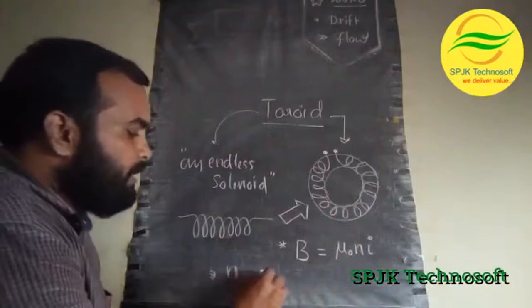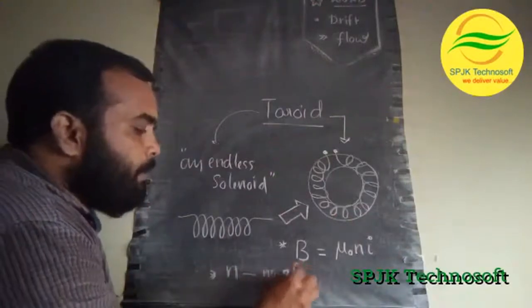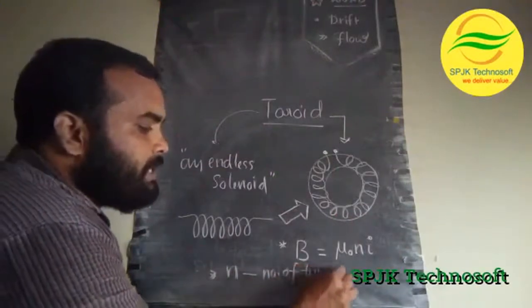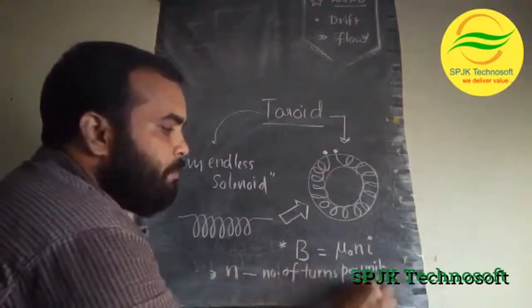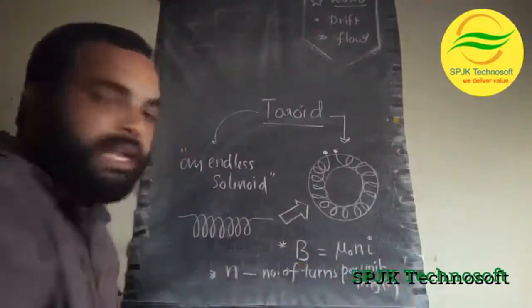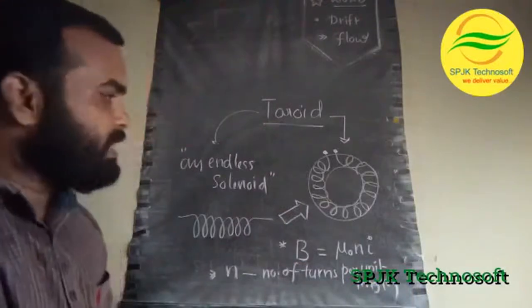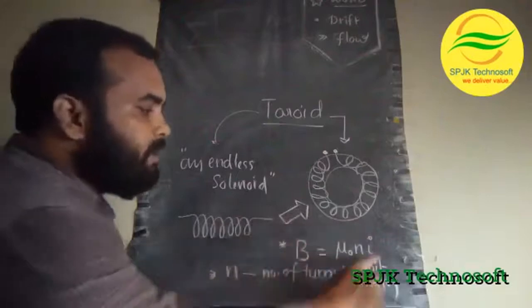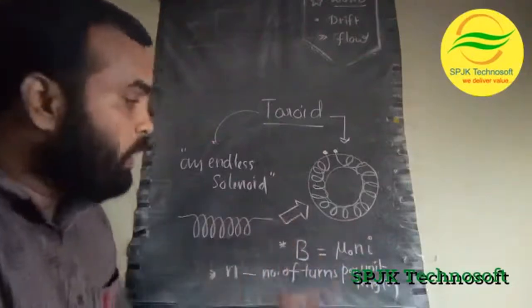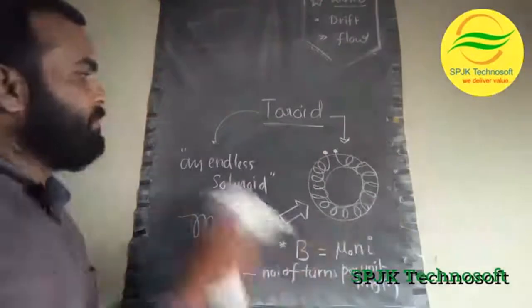Small n is called the number of turns per unit length. Let us prove the expression for toroid, then you can understand what small n is and its expression.